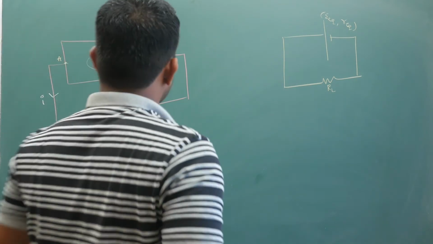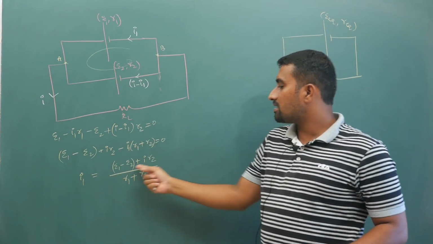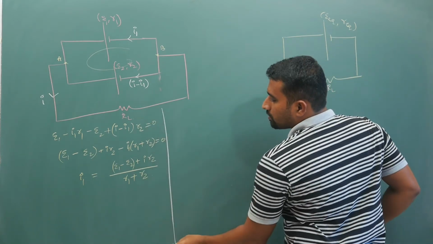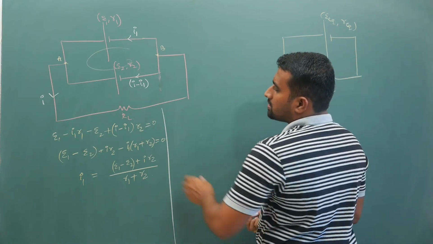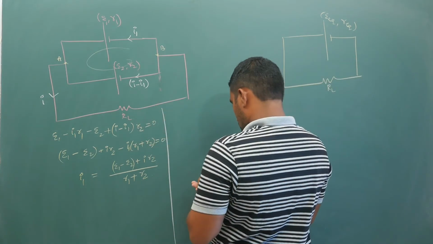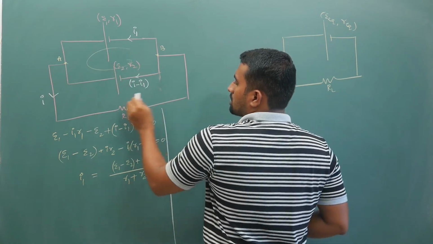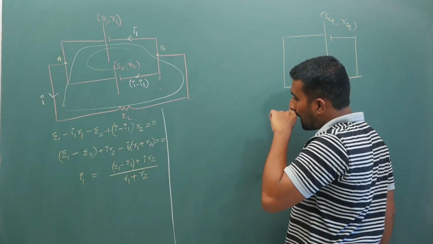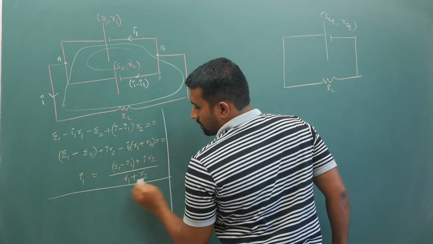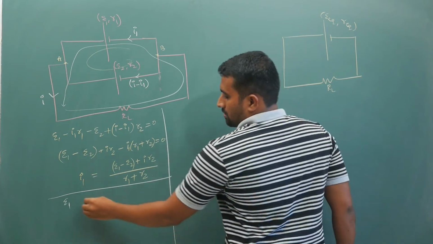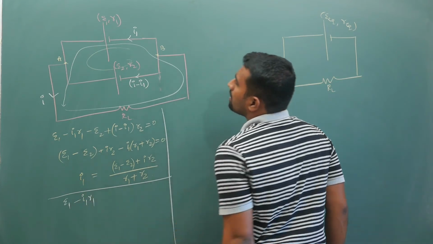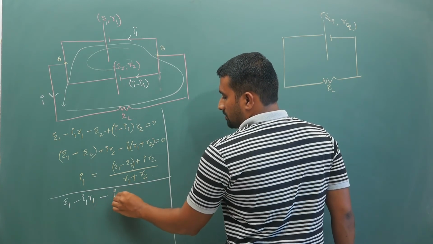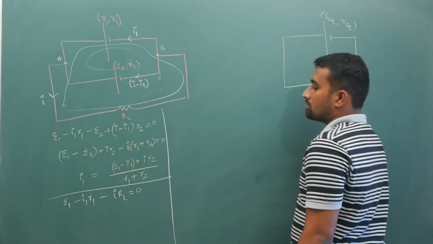Alright, so now I have applied Kirchhoff's law only in this top branch and I am getting the value of I1 in terms of I. Next, I am going to apply Kirchhoff's law along this branch, from the top like this, so that will give me E1 minus I1 small r1 minus I times R load is equal to 0.